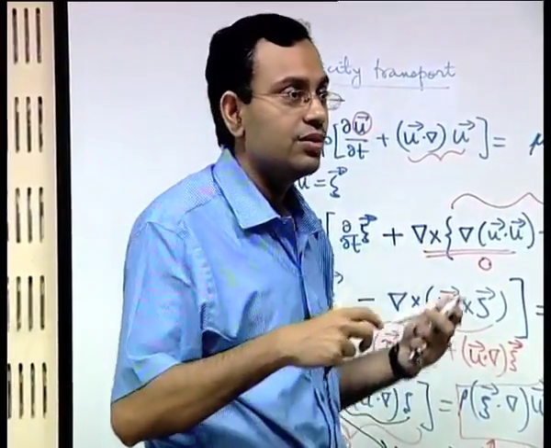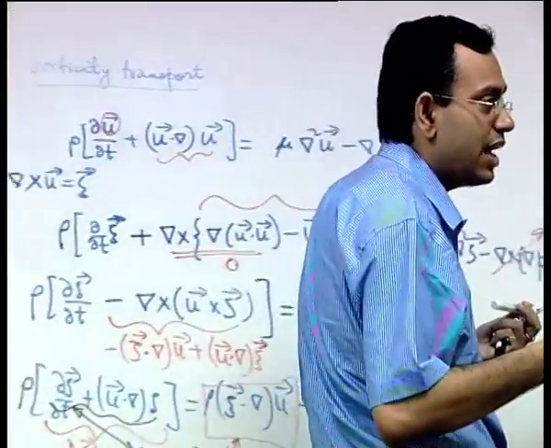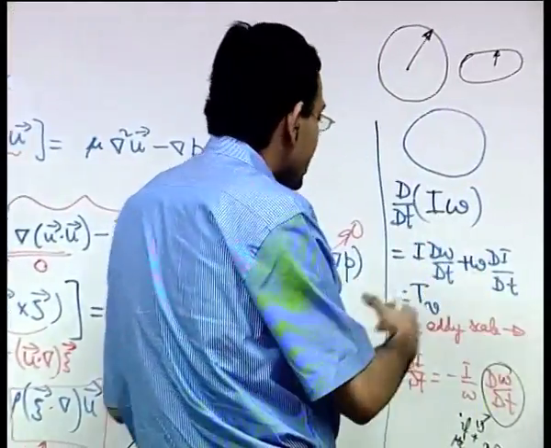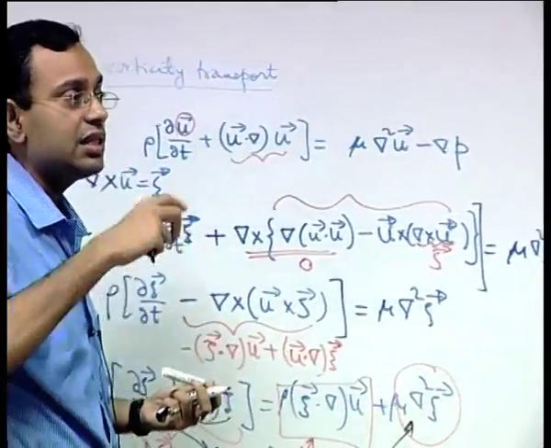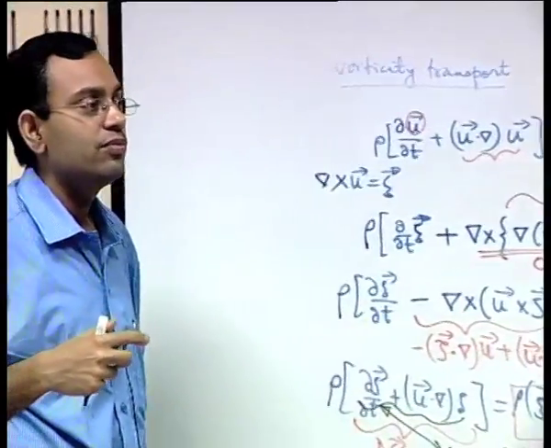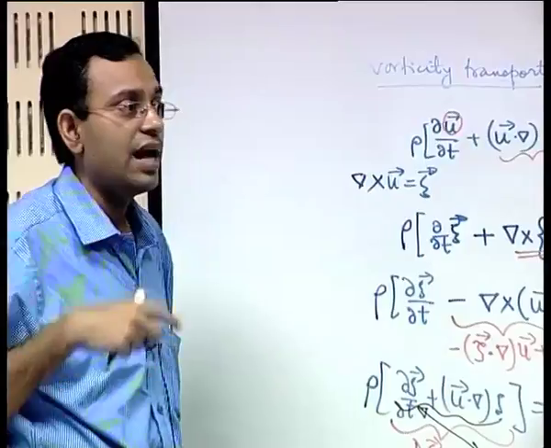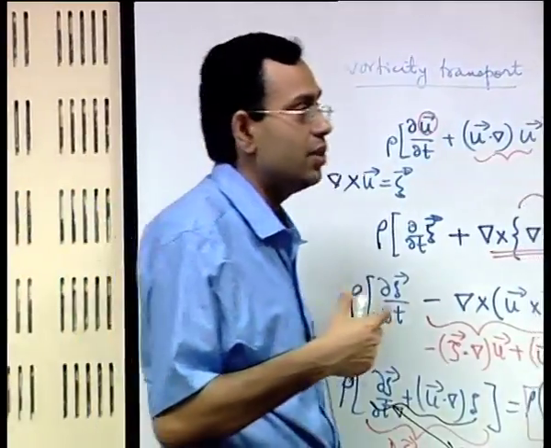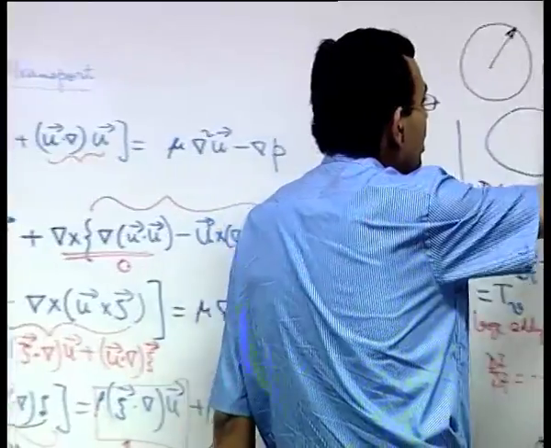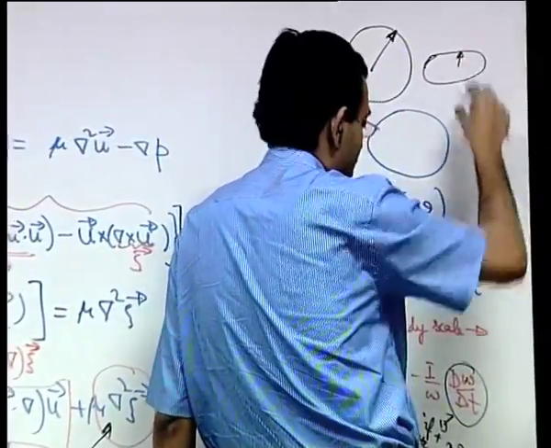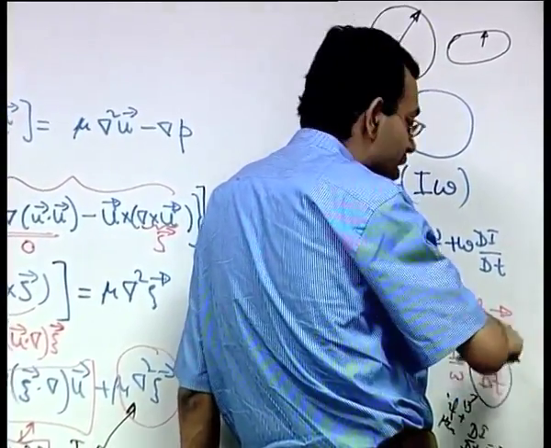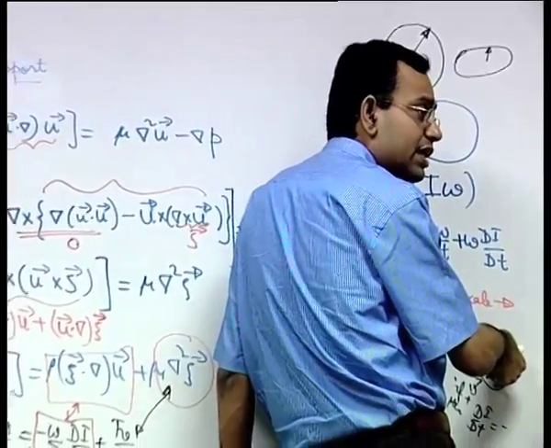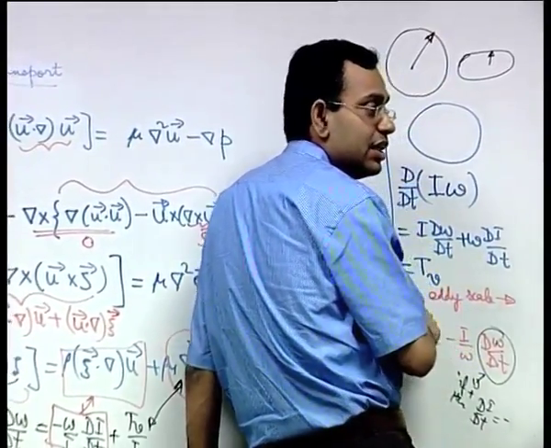So that is one physical aspect, but the interesting physical aspect with respect to vorticity transport is that there is intensification of vorticity due to stretching of vortex elements, or associated with the stretching of vortex elements. Because of stretching of vortex elements, you have the di dt negative, and that will make d omega dt positive, or if you think it in terms of the other way, if d omega dt is positive, then di dt is negative.